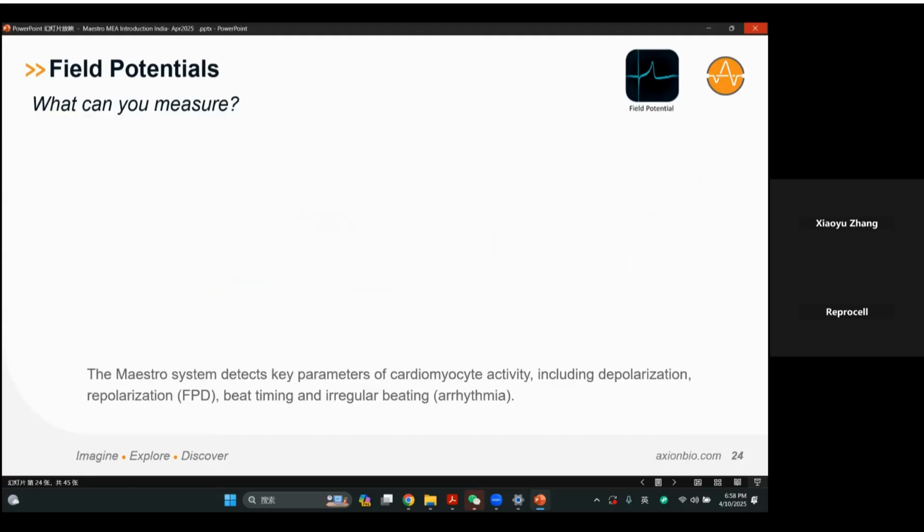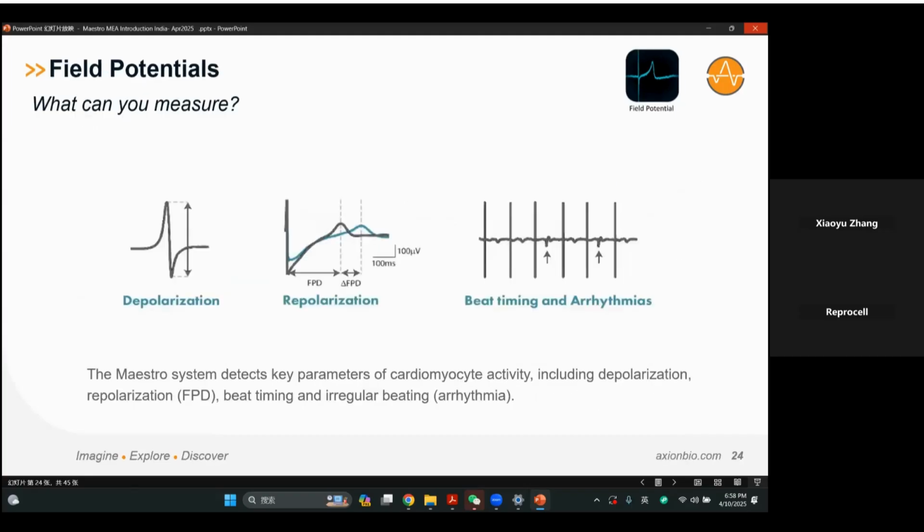Our system can provide parameters including the depolarization amplitude of the beat, and repolarization FPD, which is the field potential duration, and the beat timing. We can also use the waveform to make judgments of irregular beating or arrhythmia.